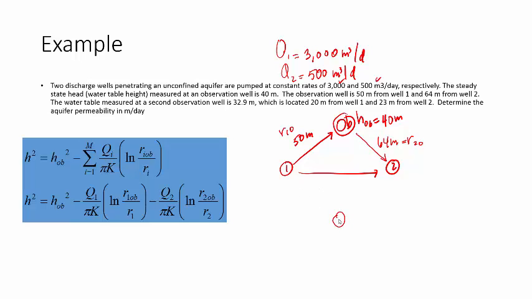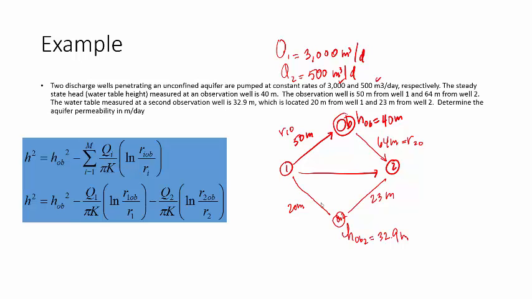Then we have a second observation well, observation well 2, and it tells me that the water table measured at this observation well is 32.9 meters, and it's located 20 meters from well 1 and 23 meters from well 2.